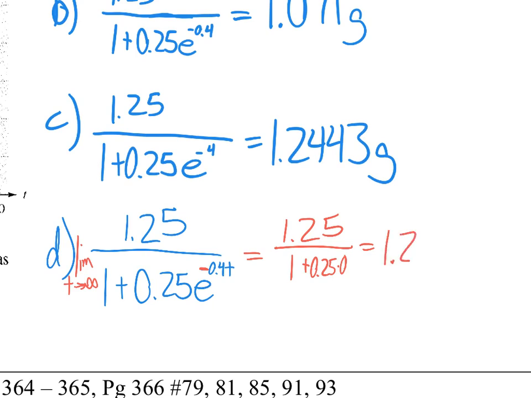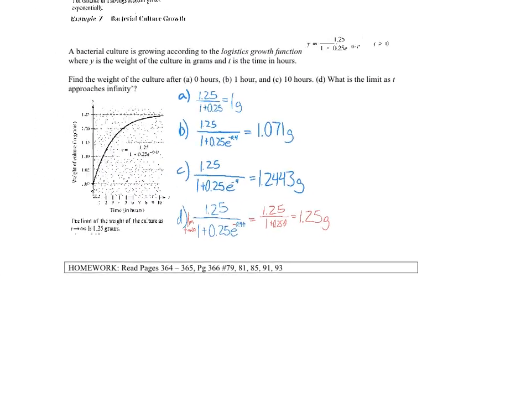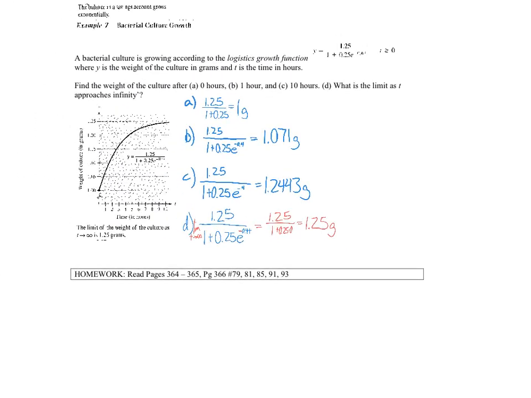That's exactly right. So that's 1.25 grams, the max value. That's what it's going to approach. And remember your logistic function, how it has this asymptote up here, the way I drew it before. That maximum capacity was that horizontal asymptote up there.